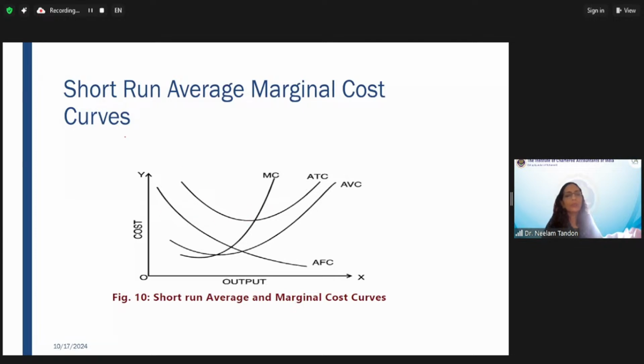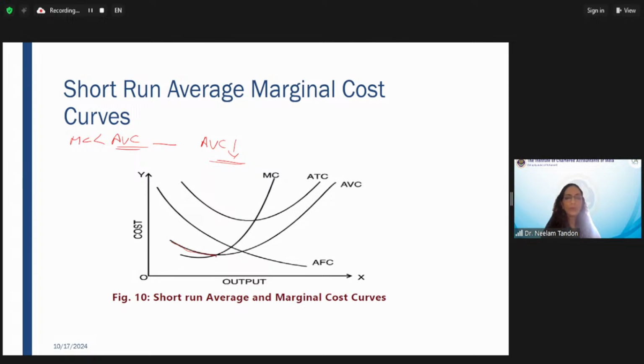What is the relationship between marginal cost and average variable cost? You will see, as long as marginal cost is less than average variable cost, this is the average variable cost and this is the marginal cost, what will happen? If marginal cost is less than average variable cost, average variable cost will decrease. Yes, so average variable cost is decreasing.